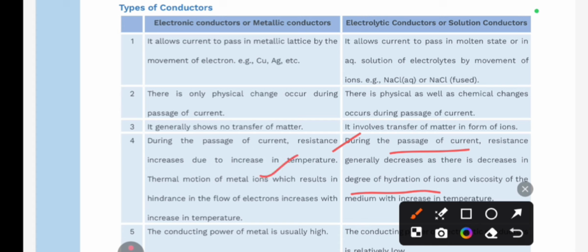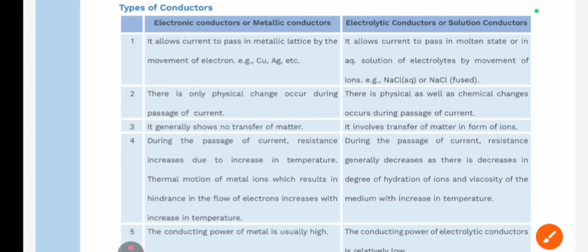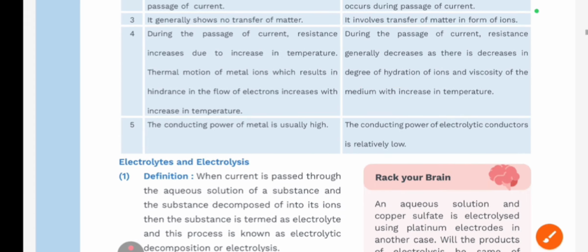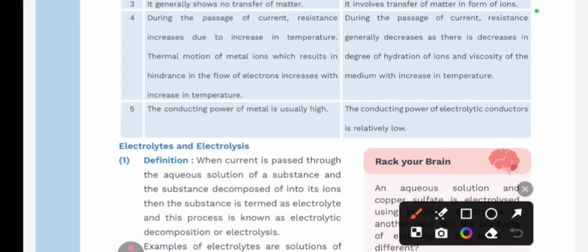So here it is the reverse condition. You can say temperature is inversely proportional to the electronic conductor, but temperature is directly proportional to the electrolytic conductor. The conducting power of metal is very high, but the conducting power of electrolytic conductors is very low.